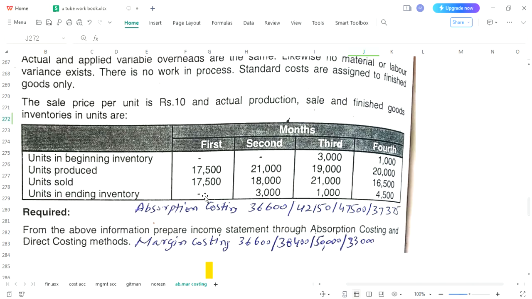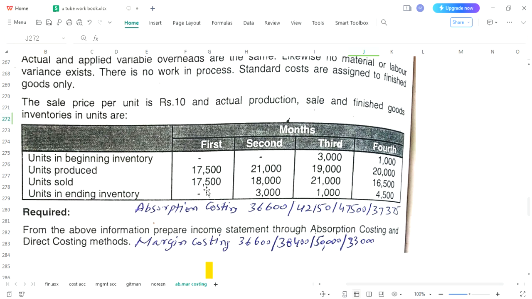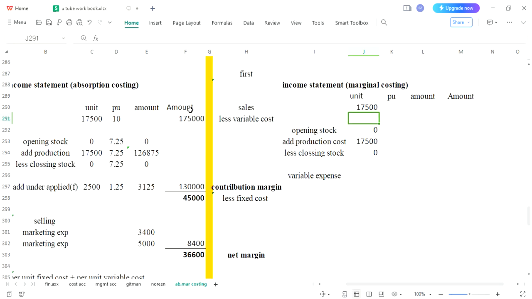Okay, and units sold are also 17,500. In this way, the unit side has been completed. Go back to the question and see sale price is 10 per unit. Sale price we can write over here.